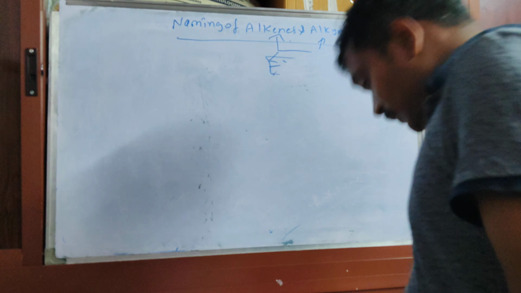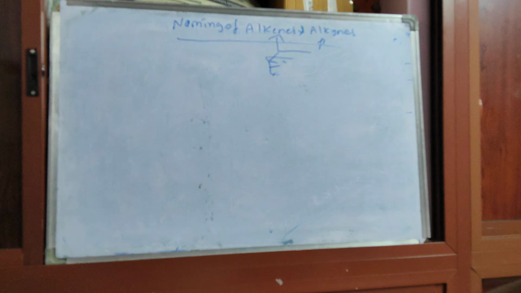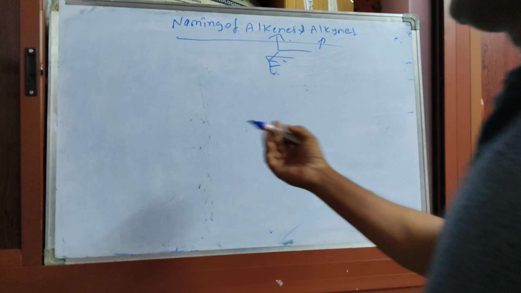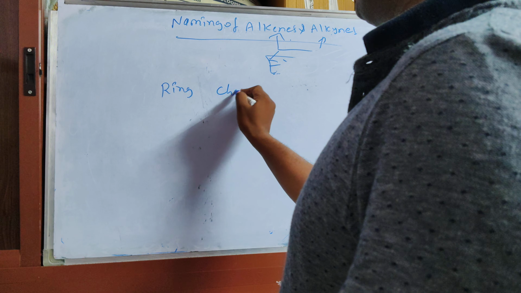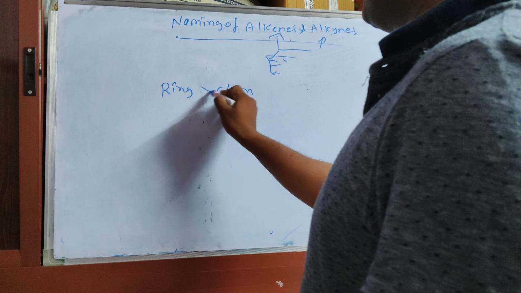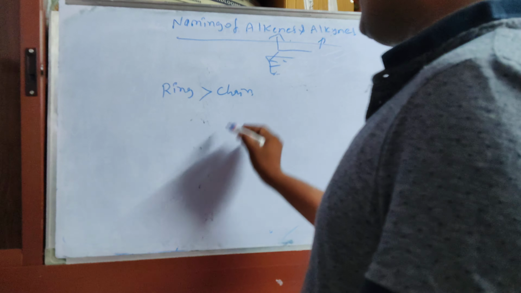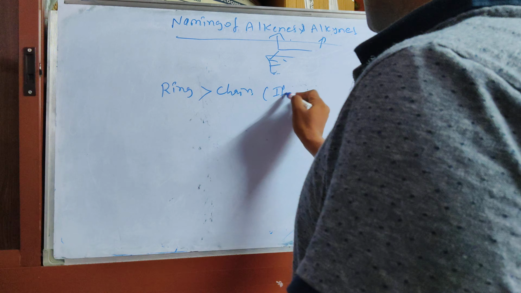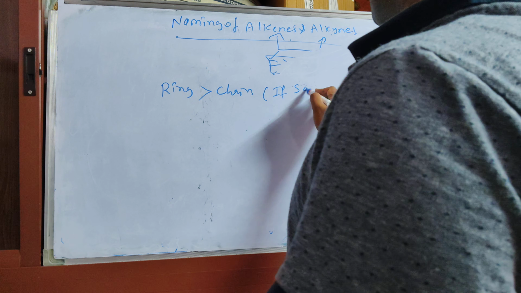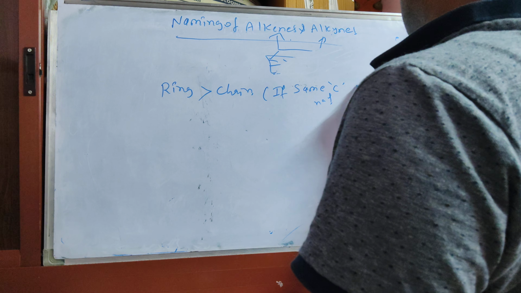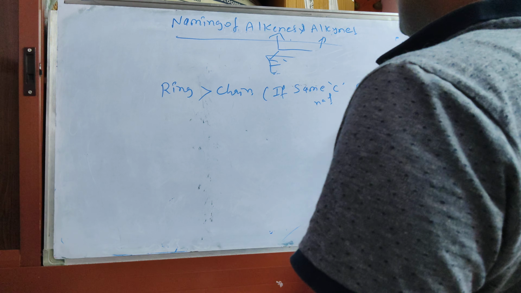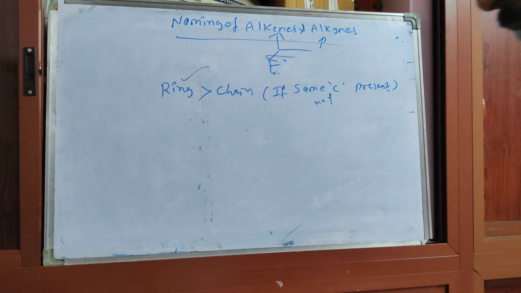Next, we discussed, if in case of ring and chain is there, the ring will get the more priority compared to the chain, if the same number of carbons are present.